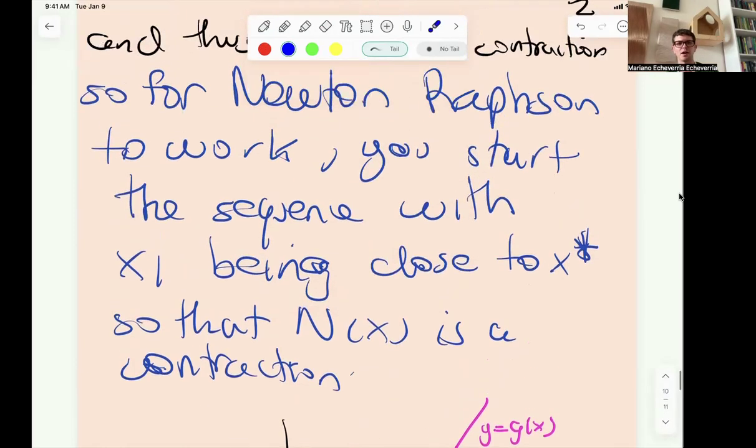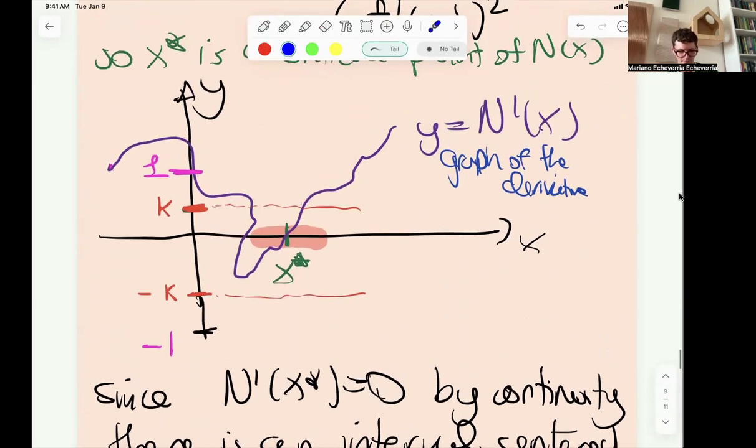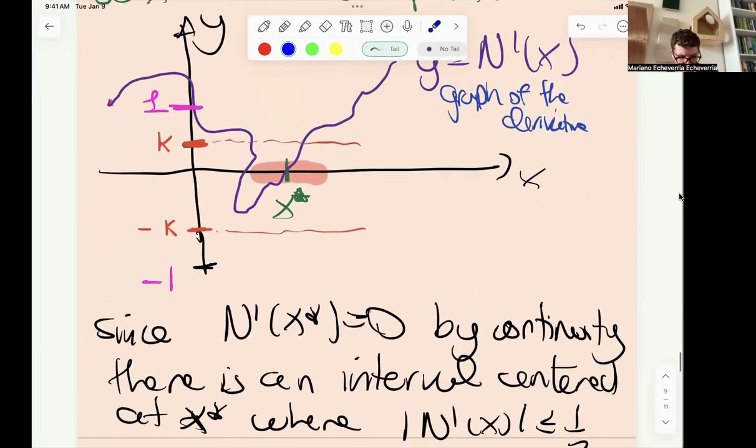But I don't have enough details to say how big this interval is, or what the value is at zero. Those things are not concrete. I'm just saying that if the function happens to be zero here, it has to be close to zero for a little while, because that's how continuity works.